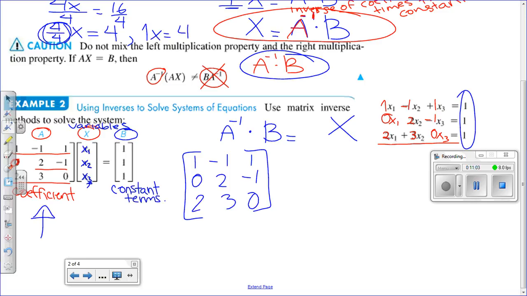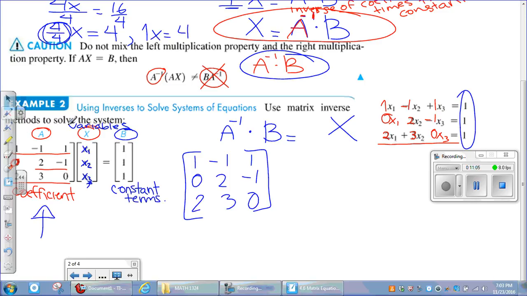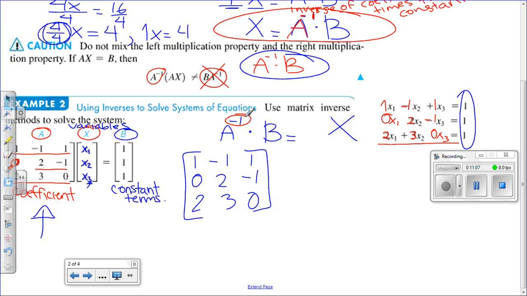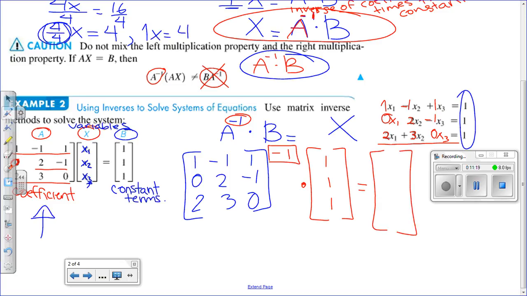And of course, when I enter this on the calculator, I'm going to be careful to use this notation, negative 1. And then times the constant terms, which are 1, 1, 1. And so that will give me the variables x of 1, x of 2, and x of 3.